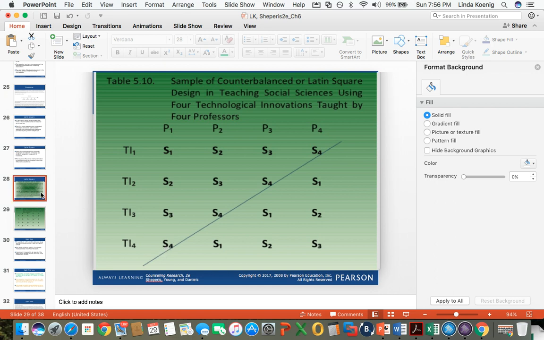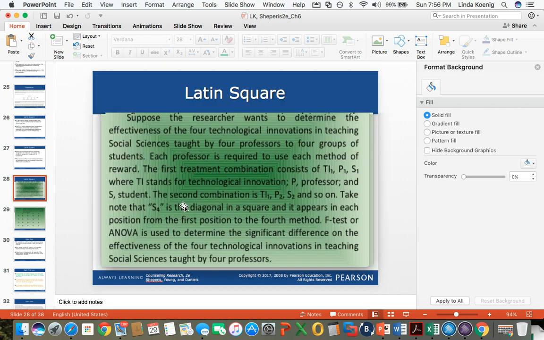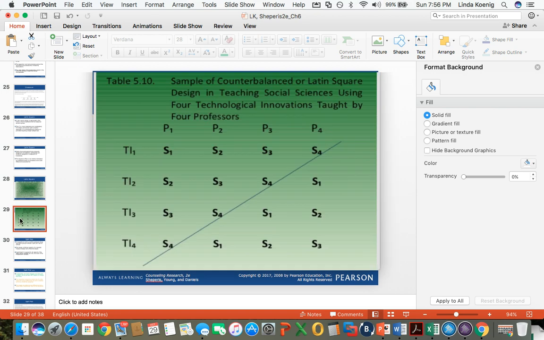Notice that S4 is the diagonal in a square, and it appears in each position from the first position to the 4th method, right here where we see the line.